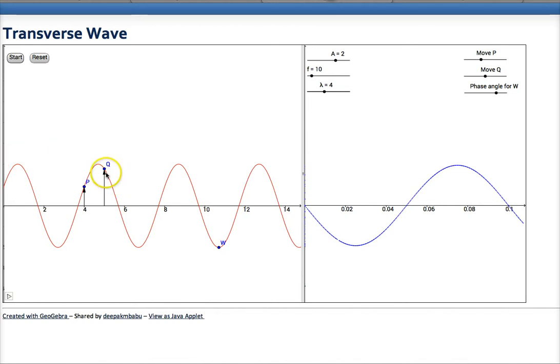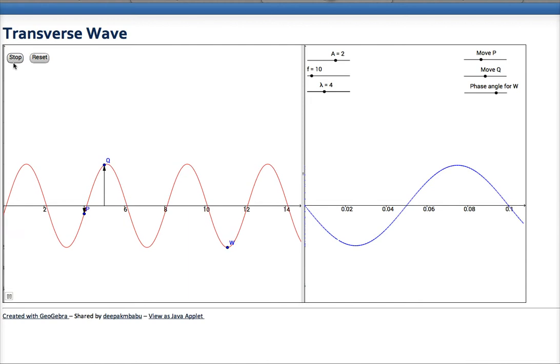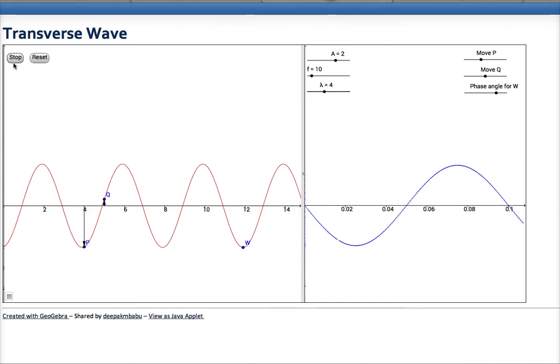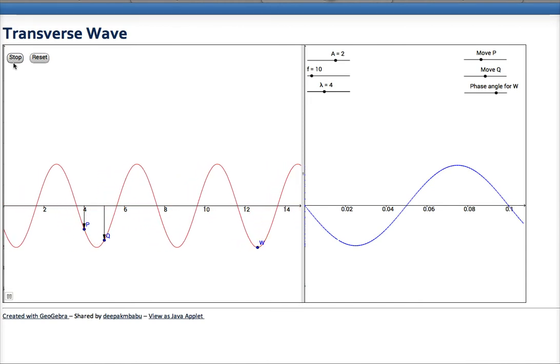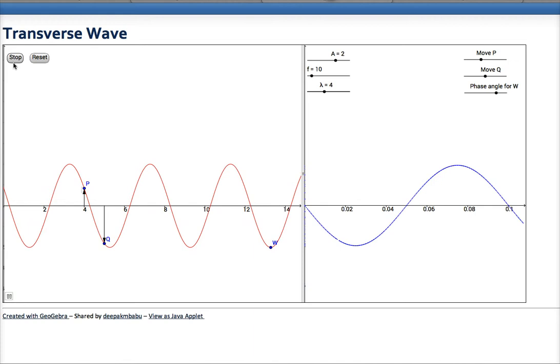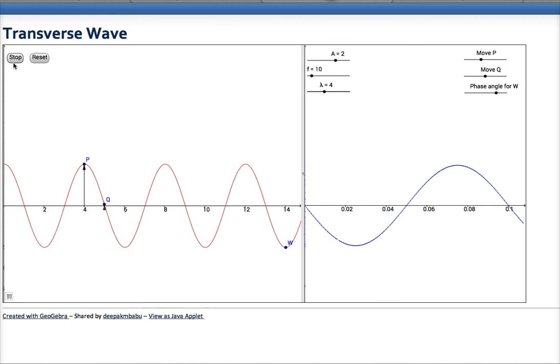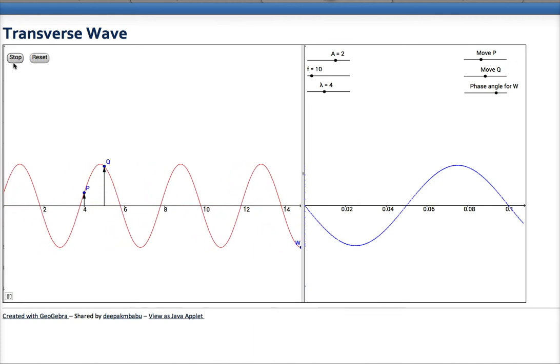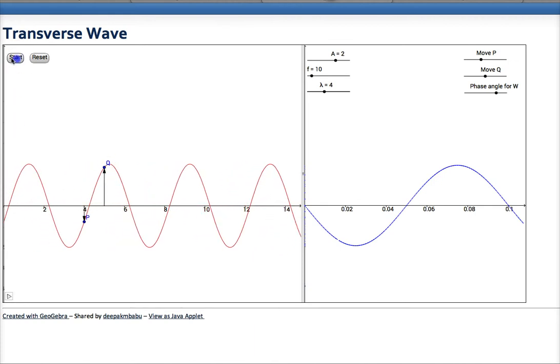Second observation is that the motion of Q kind of lags the motion of particle P by just a little bit. Let me start this again and you can please observe. So it's just a little bit behind P in terms of its motion. Yeah? You should be able to see that.